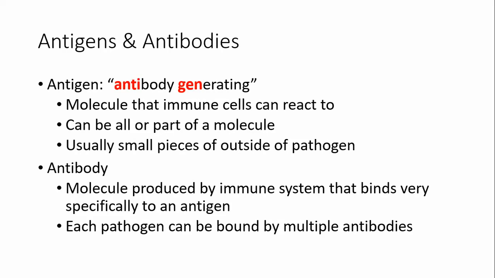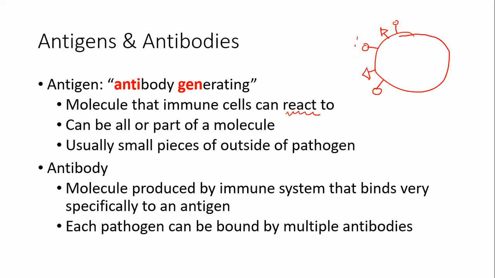Now, adaptive immunity, or the adaptive immune system, all depends on these two molecules. An antigen is an antibody generating molecule. It is basically anything that your immune cells can react to. So you have something on the outer surface of a pathogen, and this is a super simplistic shape, but you will have various molecules on the surface of a pathogen.